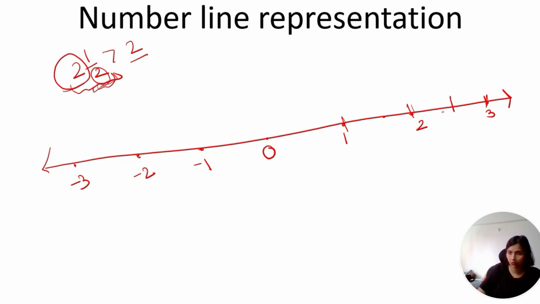So this is the 1 part, this is the 2 part. So this tick is 2.5, or it is 5/2. How did we come to 5/2? Because the person has 2 full parts and 1/2 of the third part.